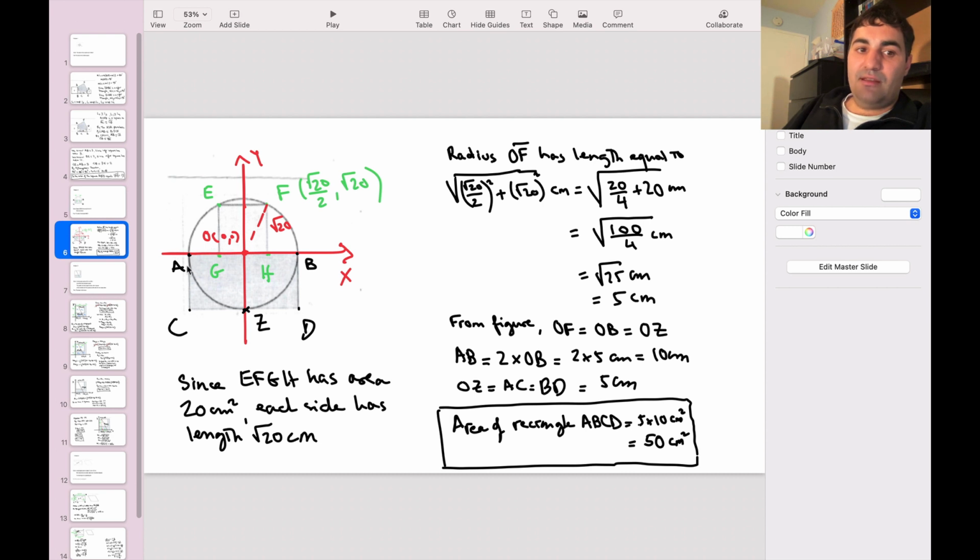All we have to do is find the length of the other side, say AC, to get the area of this rectangle. So we know that OZ equals AC equals BD, right? And OZ is just the radius of the circle, so it measures 5 centimeters. So the area of rectangle ABCD is equal to 5 times 10, which is 50 centimeters squared.